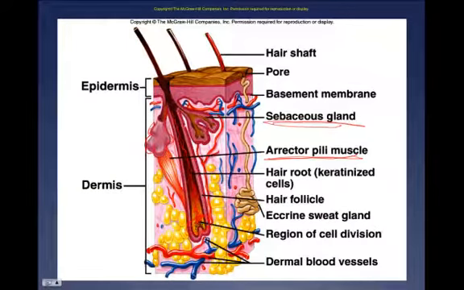And that's going to be very different than if you look at your sweat glands. Your sweat glands, or what we're going to call sudoriferous glands, are going to be glands that are not associated with a hair follicle, and they're going to have this long duct that leads to the surface. Okay.